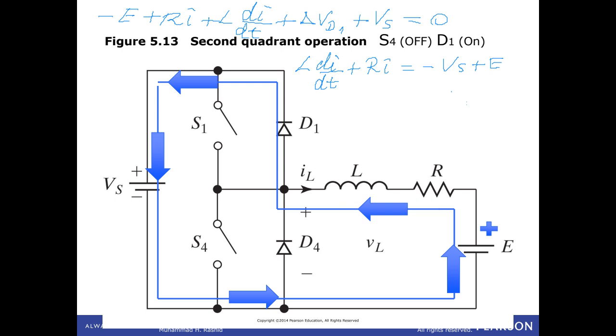Buradan current I is equal to minus Vs plus E over R times, buna B diyorum bu sefer, time prime yaptım.